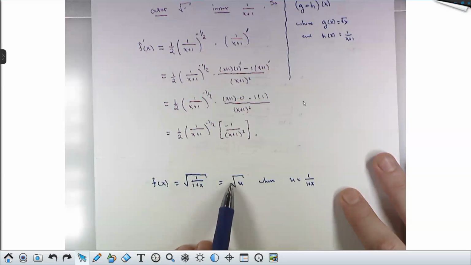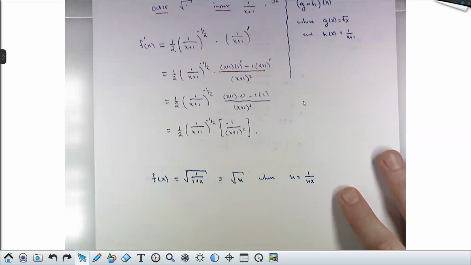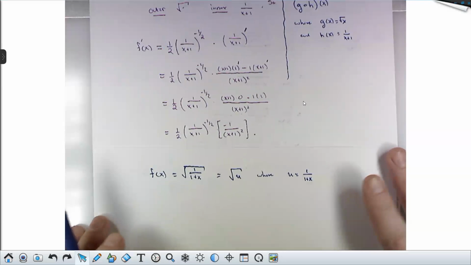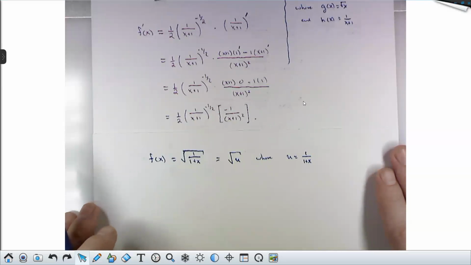This is the square root of something. What's the something? Oh, it's 1 over 1 plus x. So the square root is like your outer function, and the u, which is 1 over 1 plus x, is like your inner function. Does that feel a little more reasonable? It's more easy to see visually.